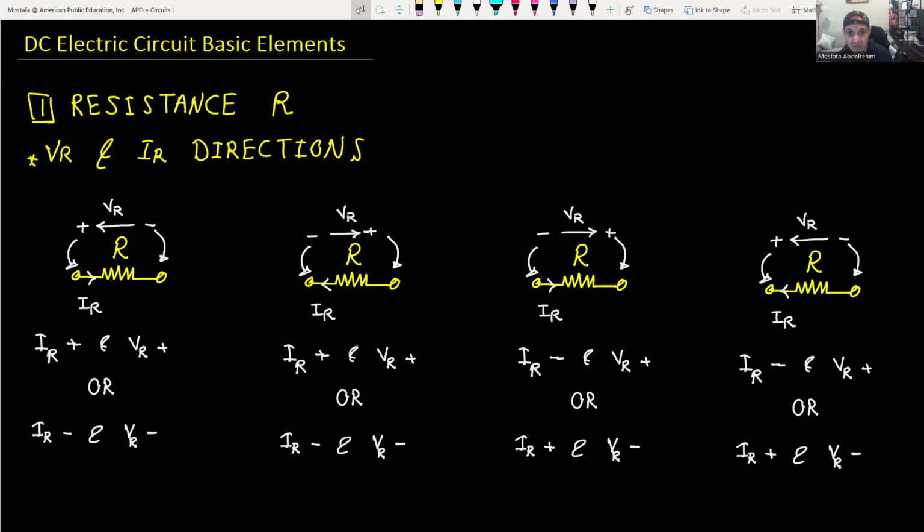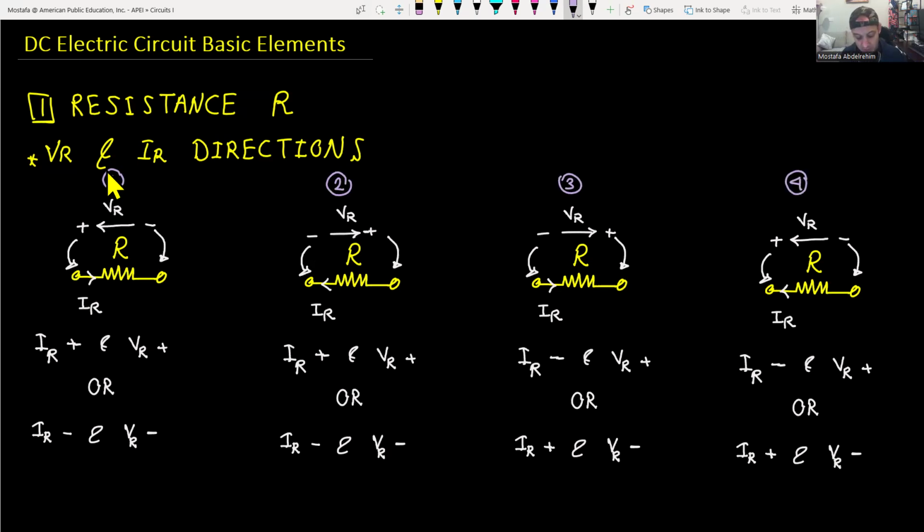If it's given that the voltage goes from left to right, right to left, up to down, or down to up, you have to stick to that. Otherwise, if it's not defined, you can assume it anywhere. So basically, you have four combinations: combination 1, 2, 3, and 4.